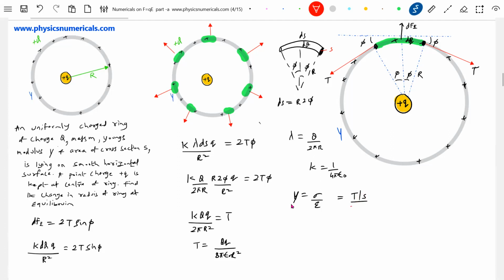Then elongation will be 2 pi, okay, this will be the thing. So now the change in radius is asked. So this should become equal to TR by YS.